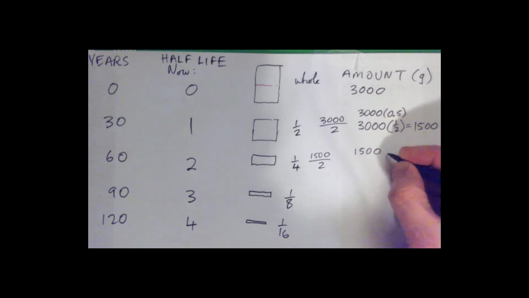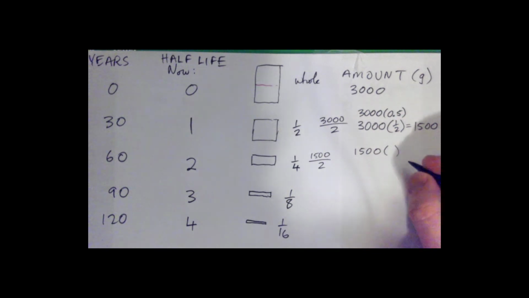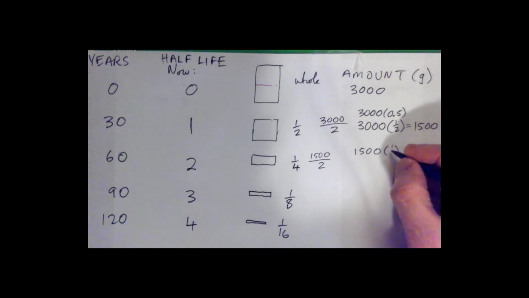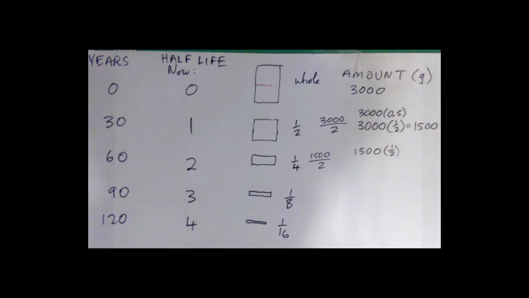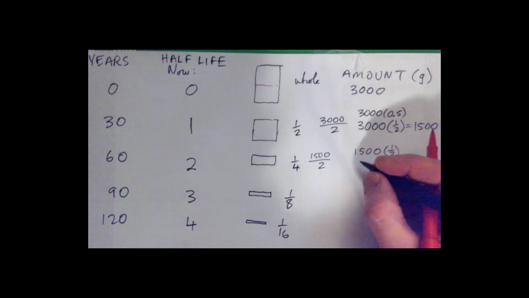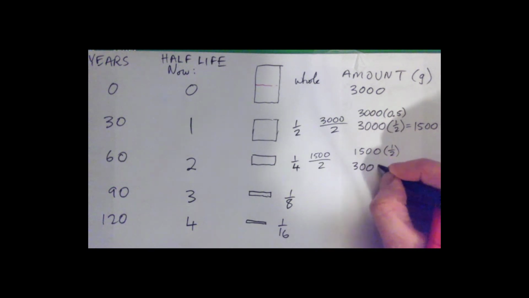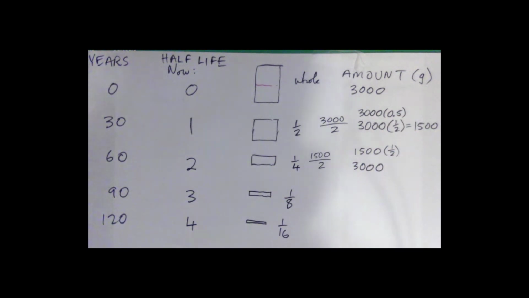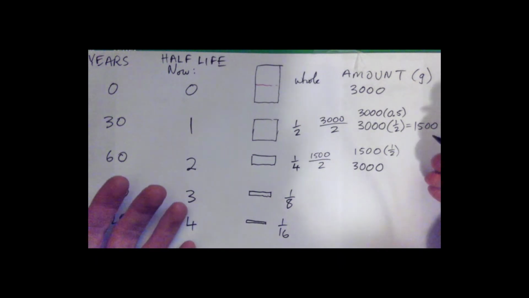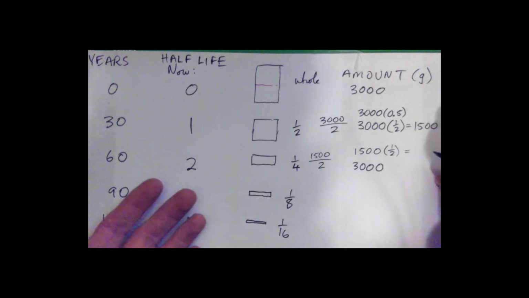Yeah, that's one way. So 1,500 times a half, or half of 1,500, is definitely going to be 750 grams. So we agree with that.